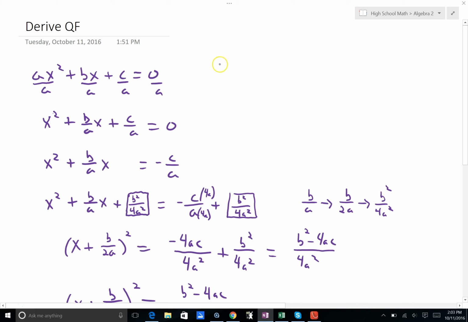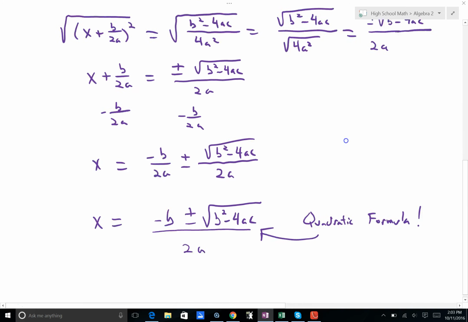Completing the square will always solve any quadratic. Okay. We don't need the quadratic formula.